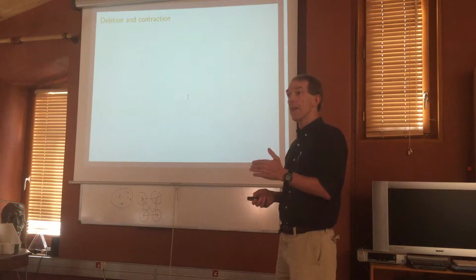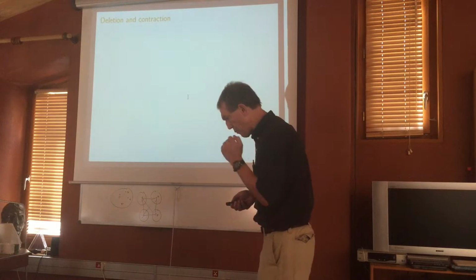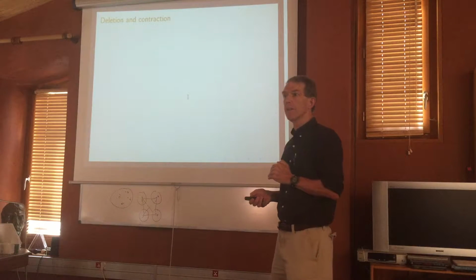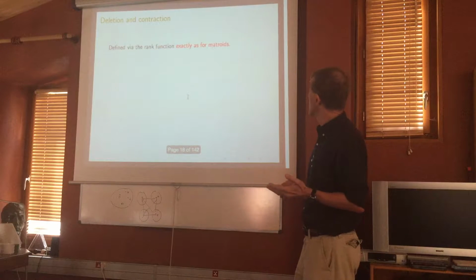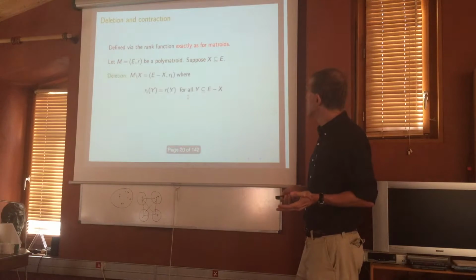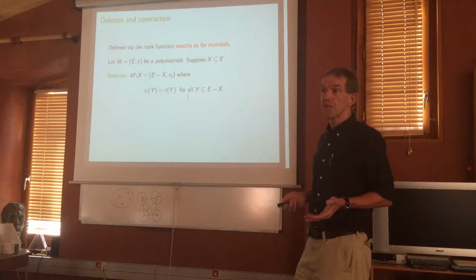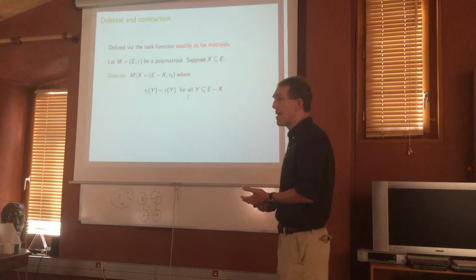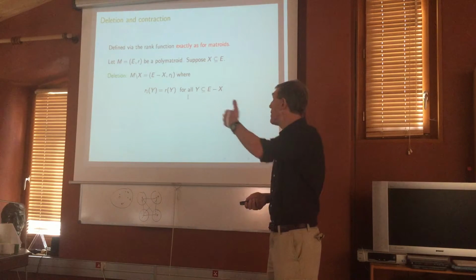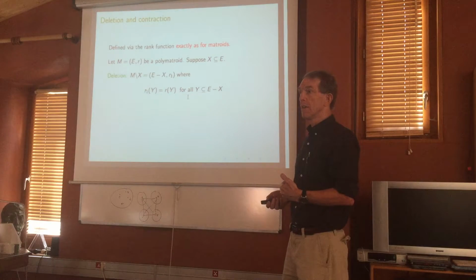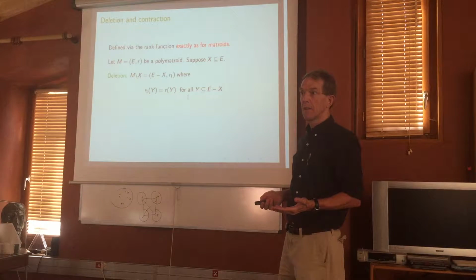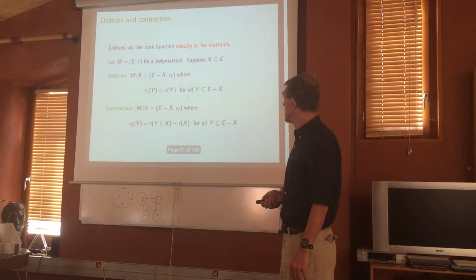So you'll just do that. Remember, with these polymatroids we're doing everything by the rank function. So deletion: the rank function for the deletion is exactly the same as the rank function for the initial object, except that it's restricted. What about contraction?